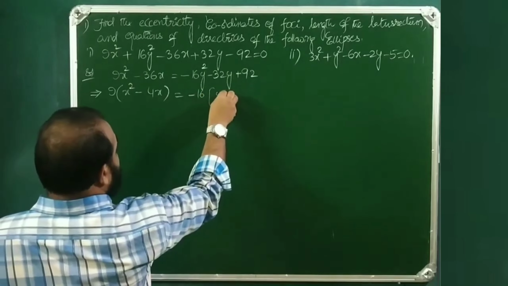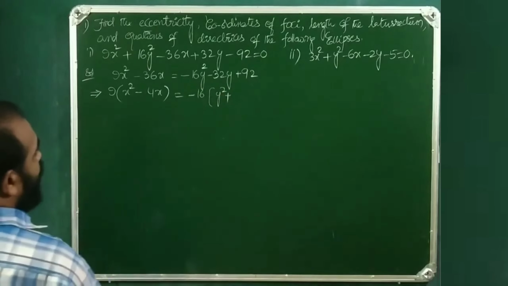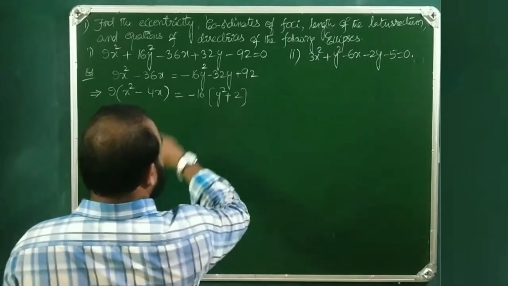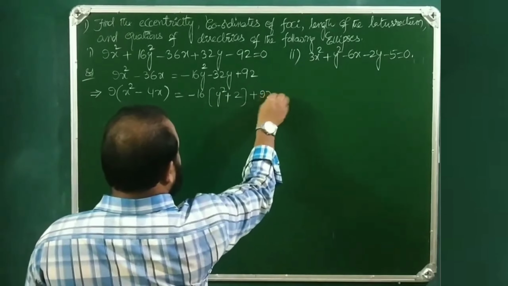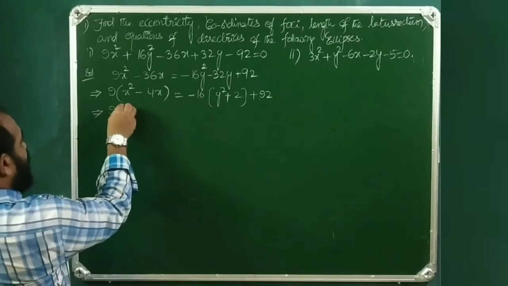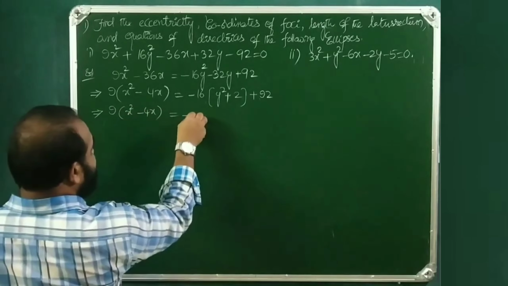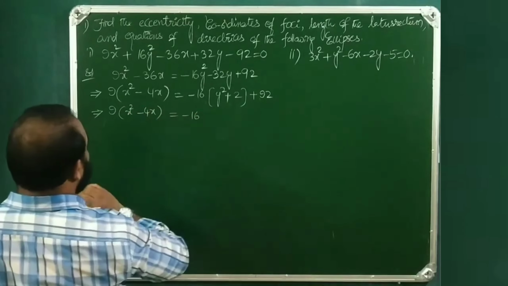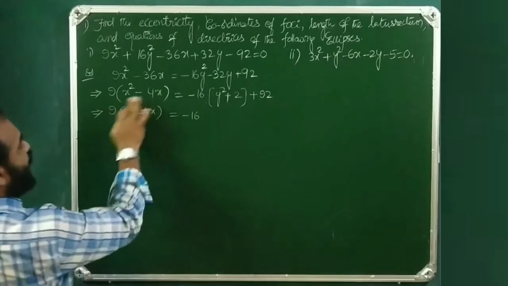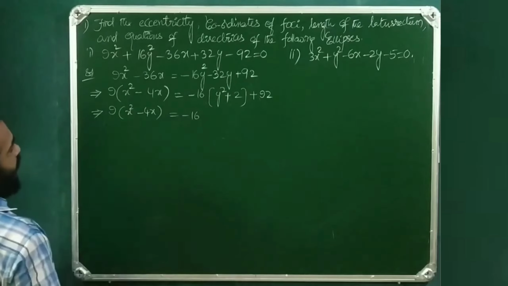then y² + 2y, and plus 92 is intact. Now this is 9(x² − 4x) = −16(y² + 2y) + 92. First of all, let us try to write x² − 4x in the (a − b)² form.